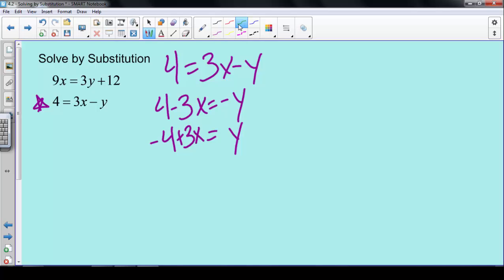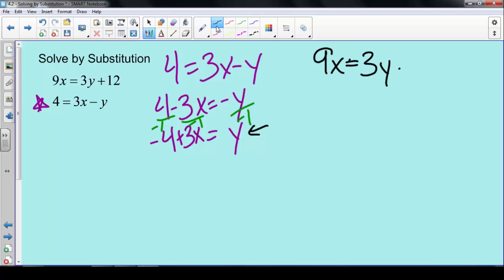So that step right here, I divided by -1. So now we take this value of y and substitute it in for y into the other equation, and in this case it'll be that first one.